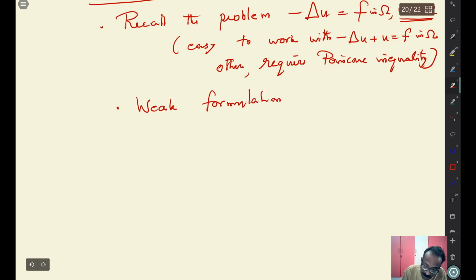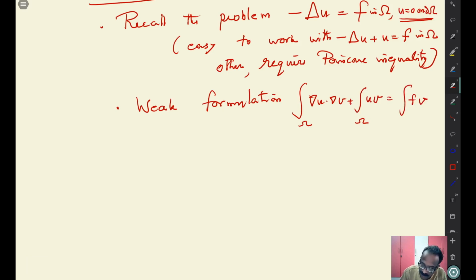Let me recall what we have done. The weak formulation is integral of grad u, grad v plus integral of uv. If you add that term, it works even without it. Since we don't have time, we don't want to make further remarks on this.